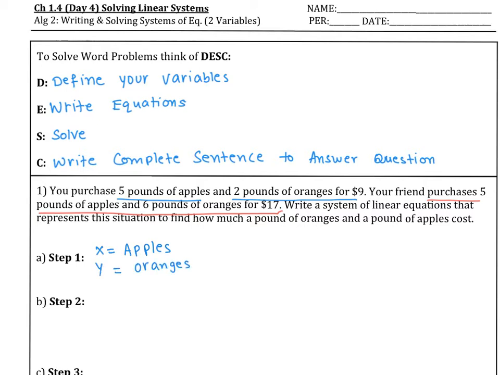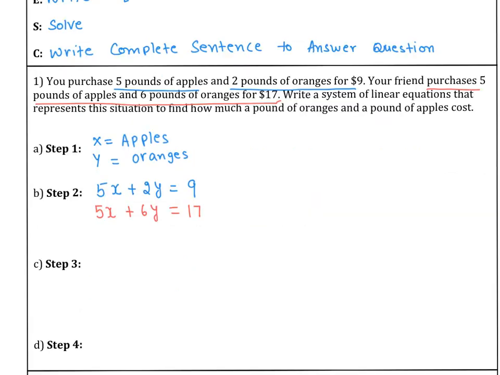We are going to write down this equation for the first situation where you buy 5 pounds of apples plus 2 pounds of y, which is oranges, equals 9. And the second situation is where your friend buys 5 pounds of apples plus 6 pounds of oranges, and she paid $17.